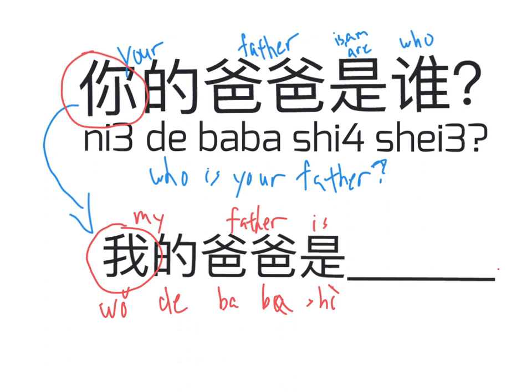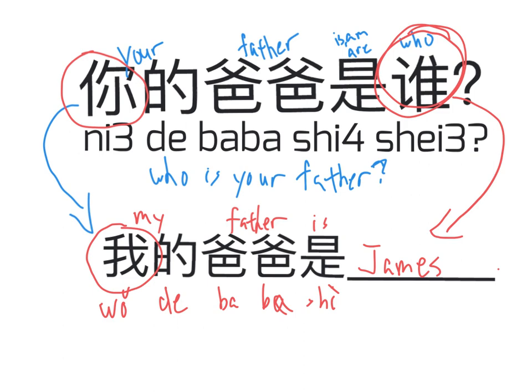For example, the name of your dad is James. So 我的爸爸是 James. Okay, so that's how you answer this kind of sentence. Now, again, 谁 is not copied in the answer, because in the answer we will already be answering the question word.